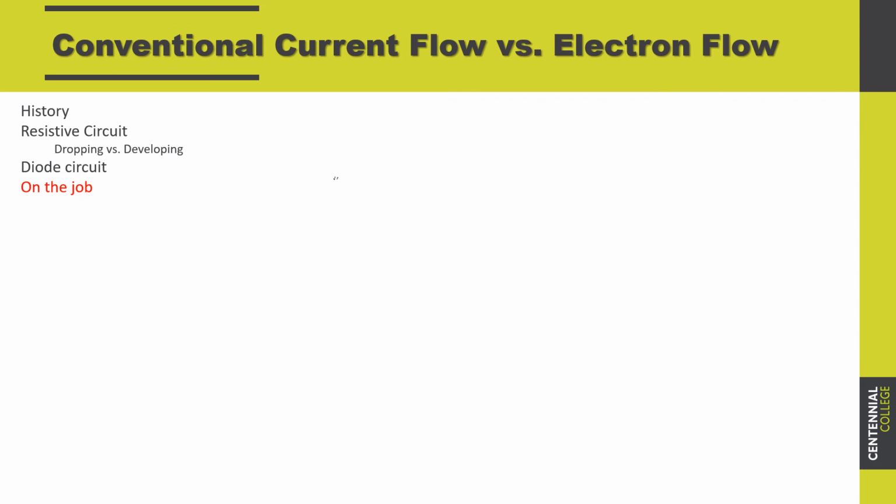So if you're on the job, let's say, and you've got a circuit that you're analyzing, you're looking at the schematic and you want to understand what's happening with it, and it's you and a colleague, and I'm going to use the same circuit again.